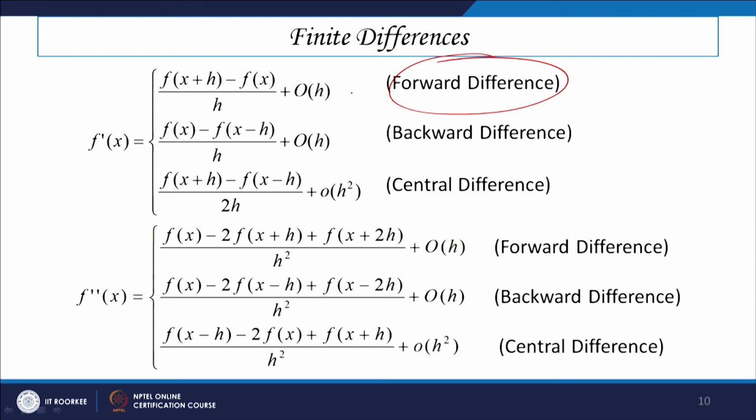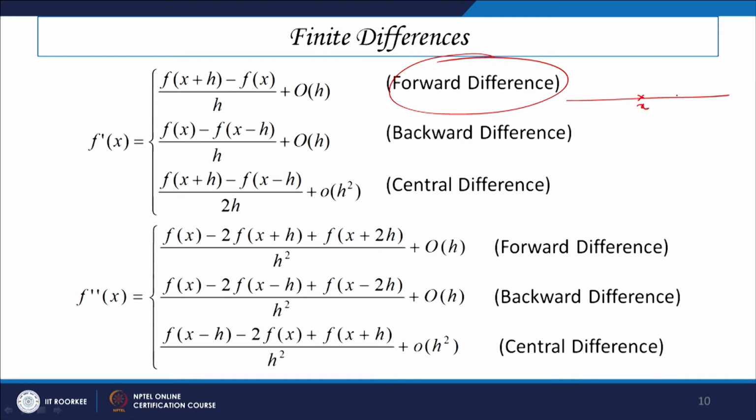Especially if we express these finite differences in combined form, we can write f dash x as f of x plus h minus f of x by h plus order of h. The first formula we defined is the forward difference formula. Suppose we define a line, and x is the point.